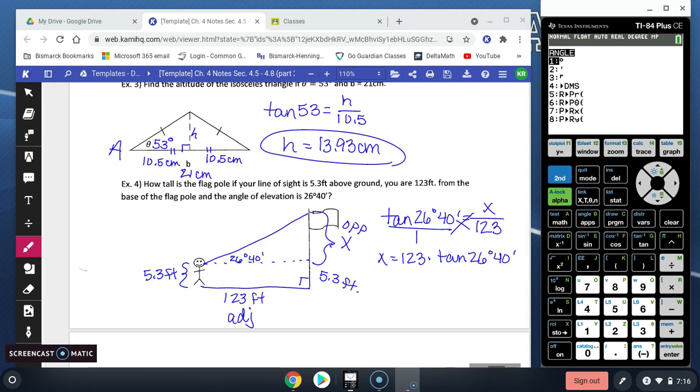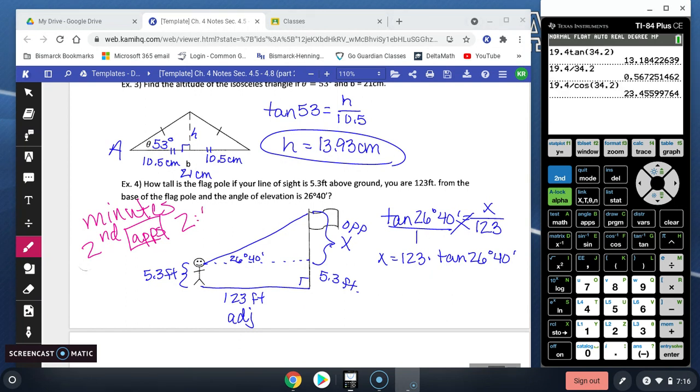So to find the minute sign, you go second, and then the apps button takes you to the angle menu, and it is number 2. Okay, so, let's quit there for a minute.